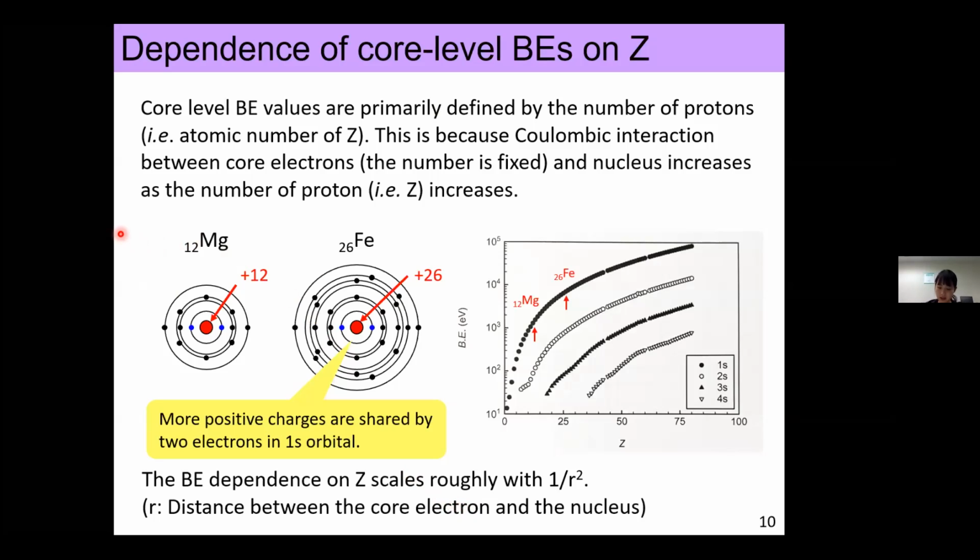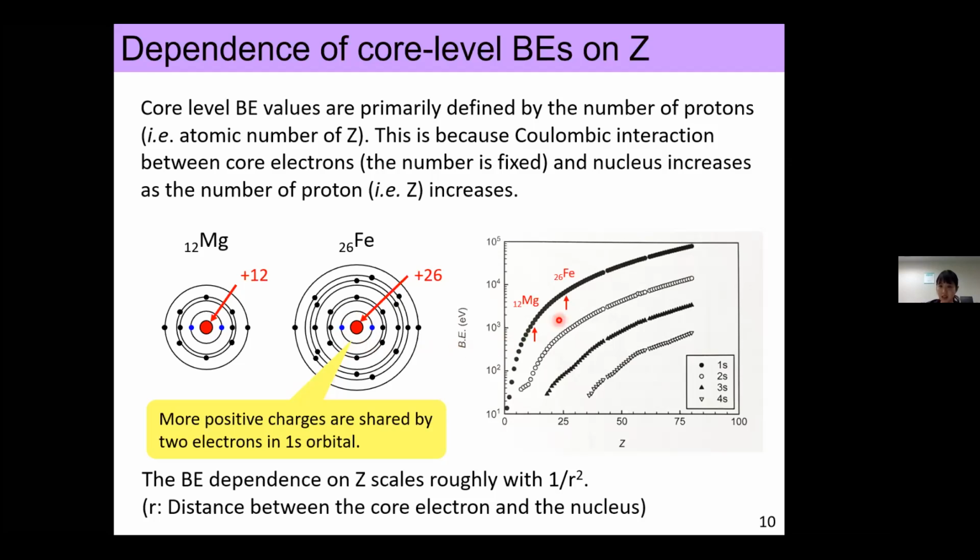Core level binding energy values are primarily defined by the number of protons. This is because the Coulombic interaction between core electrons and the nucleus increases as the number of protons increases. For example, when you compare magnesium and iron, more positive charges are shared by the two electrons in the 1s orbital of iron.